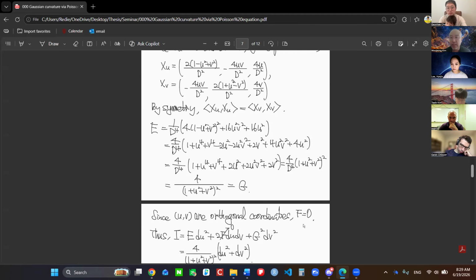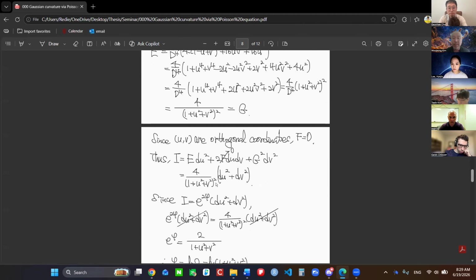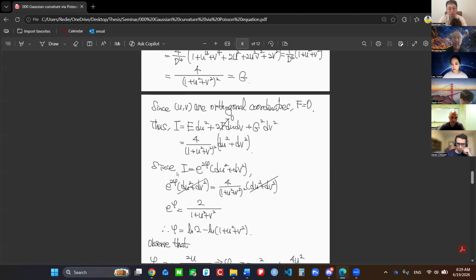So F is 0. Thus, the first fundamental form, or this metric, is going to be like this way. So this was a conformal system. Oh, I'm sorry, this was a typo. It was E to the square. So we can factor out 4 over 1 plus u squared plus v squared, squared, times du squared plus dv squared. And then the first fundamental form I is e to the 2 phi times du squared plus dv squared.